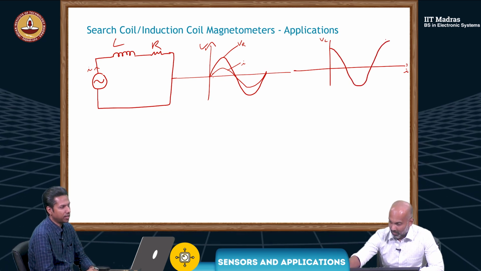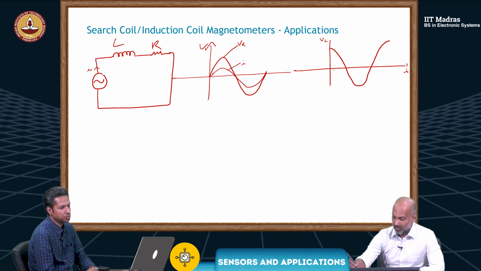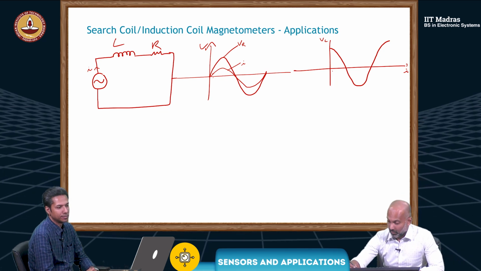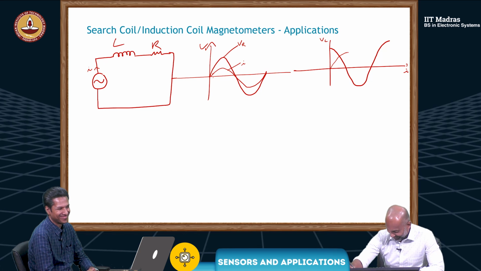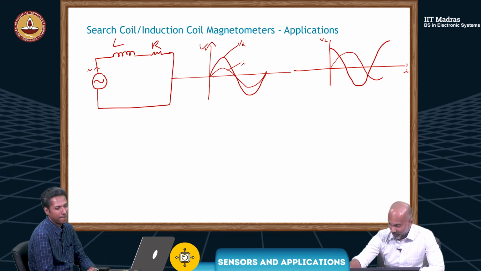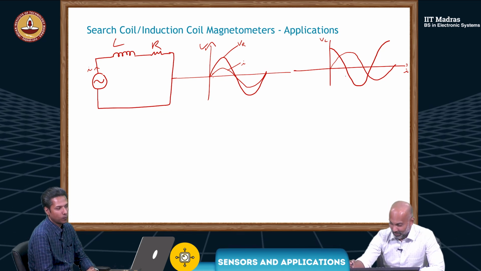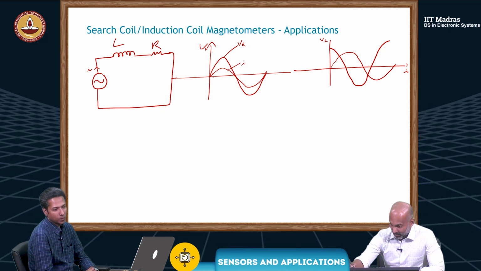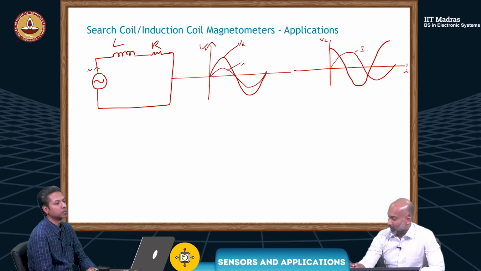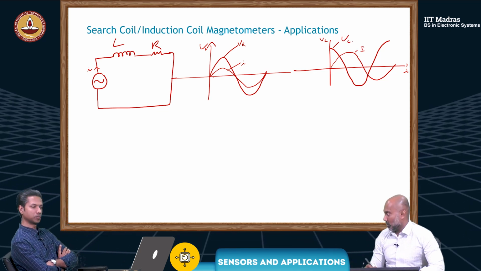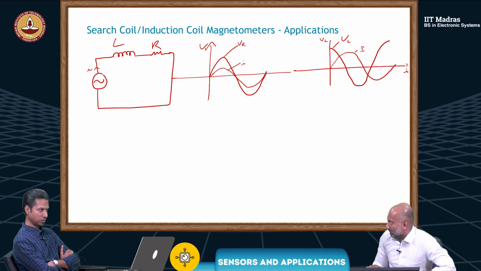So there will be a 90-degree lag for the current. Correct. Excuse my drawing. Probably not 90 degrees, but anyway, this is then I, and this is your voltage. So there's a phase difference now.